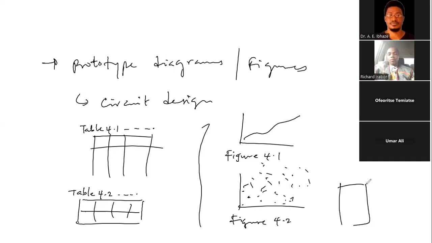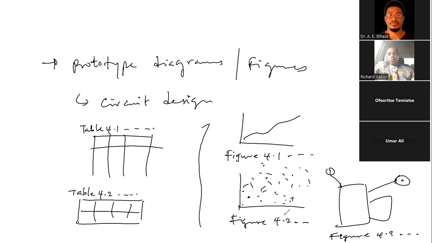So let's assume I have some block diagrams to say, well, one sensor is here, another sensor is here. Well, that's going to be figure 4.3 and on and on, okay? So while figures are labeled below, tables are labeled above, okay?